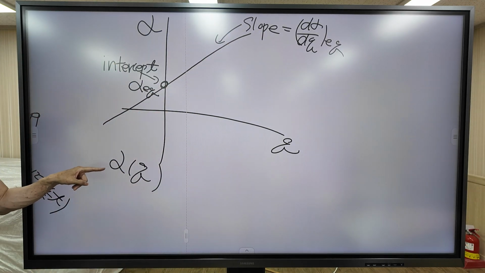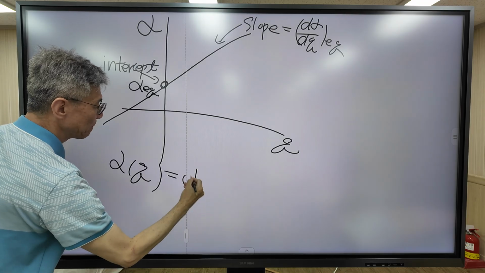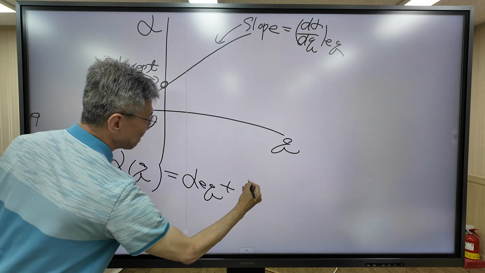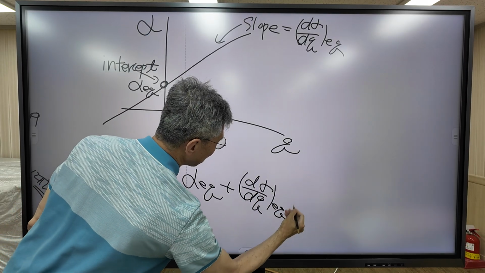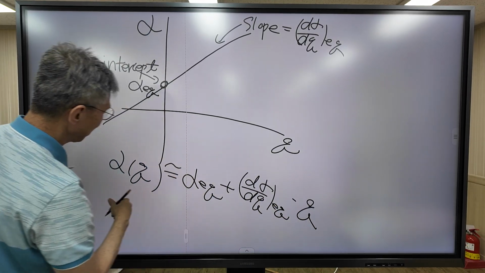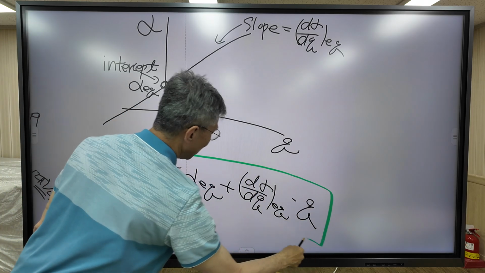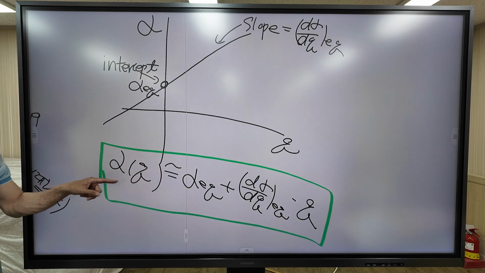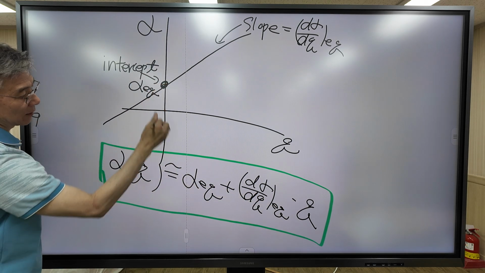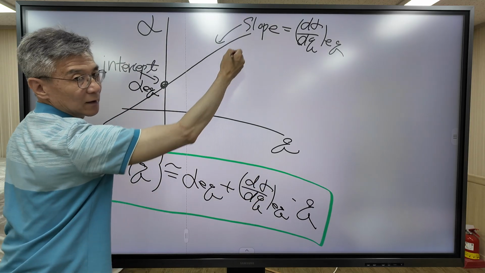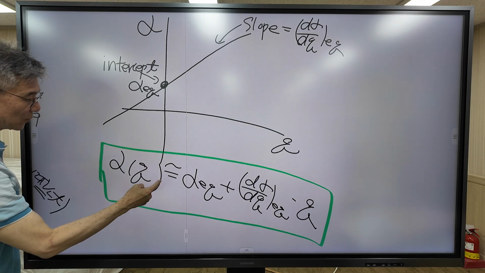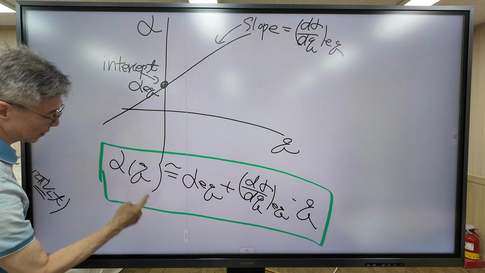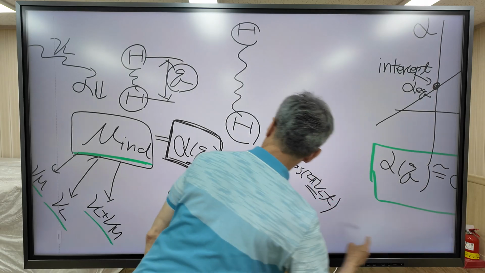So I'm going to approximate alpha as this one. This is a linear function of Q. This is the intercept here, and this is the slope of this line. This is our assumption. We are going to substitute this function here.